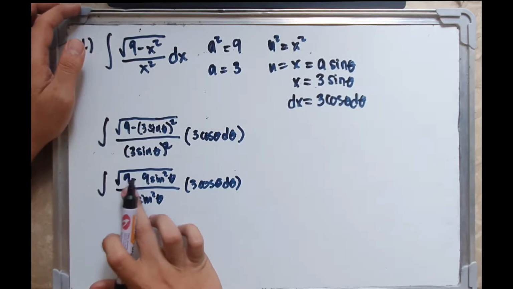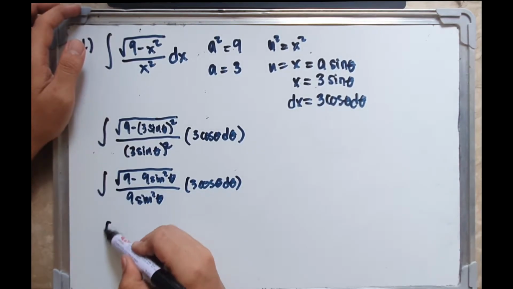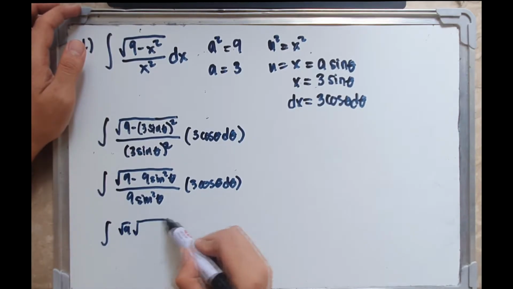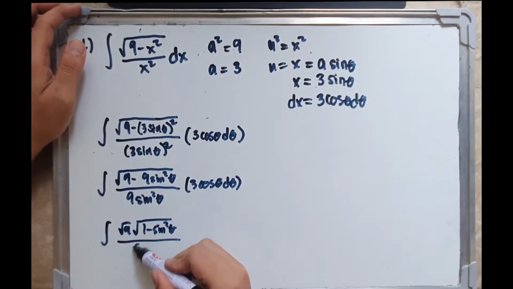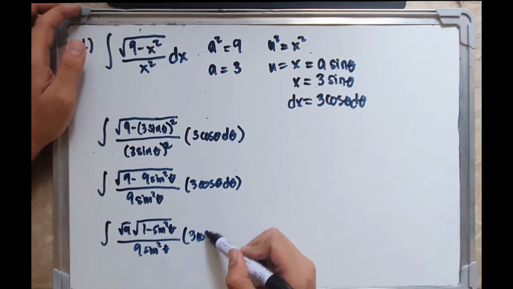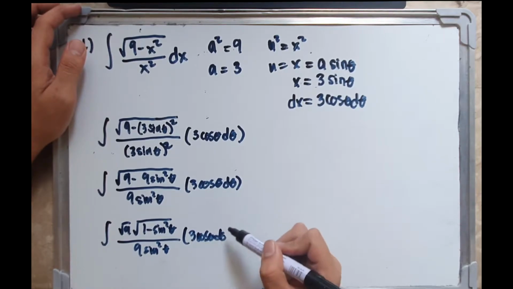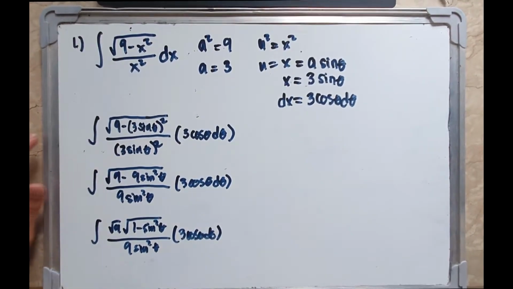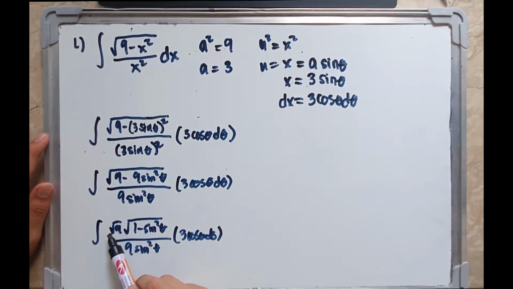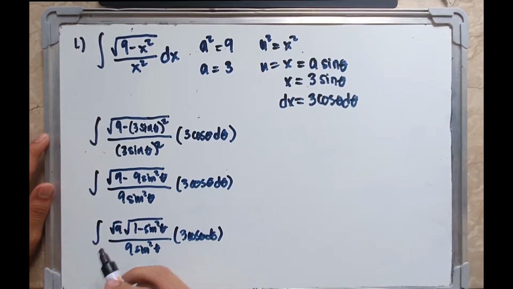Notice we could factor out 9 here. So we now have the square root of 9 and the square root of 1 minus sine squared theta over 9 sine squared theta, and we have the 3 cosine theta d theta. Okay, so the square root of 9 is 3, times 3, we have 9.